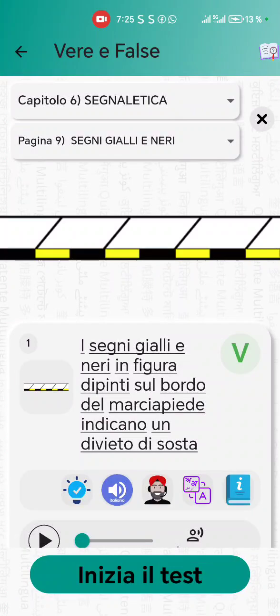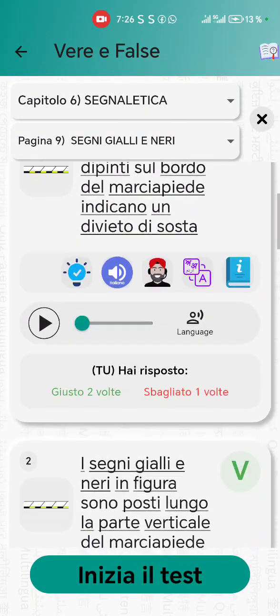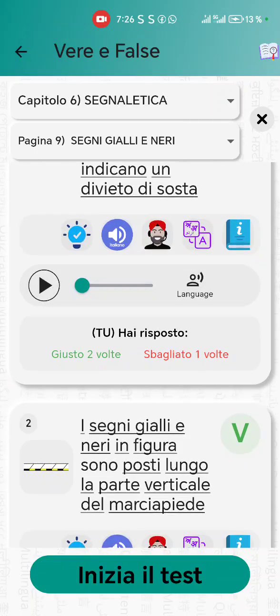So more listen to the question. I say, segnali gialli e neri in figura dipinti sul bordo del marciapiede indicano un divieto di sosta. Now divieto di sosta, you can never stop in this kind of place. You can only do fermata. You understand? So he said the second one say, i segnali gialli e neri in figura sono posti lungo la parte verticale del marciapiede.